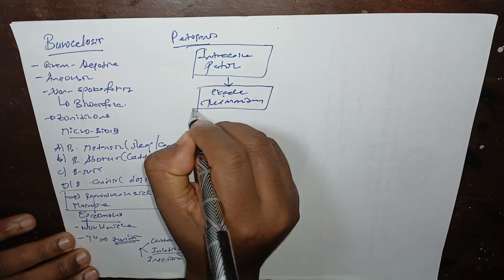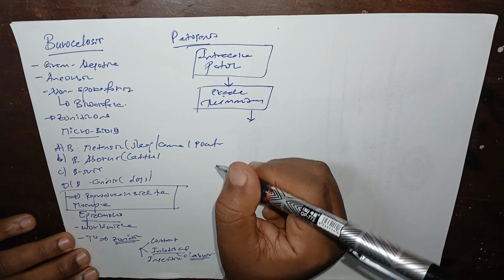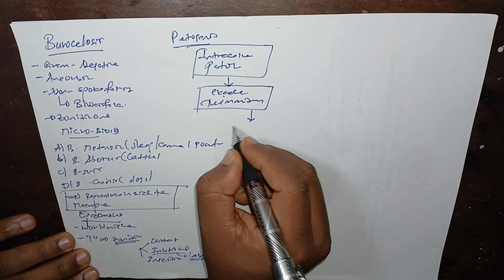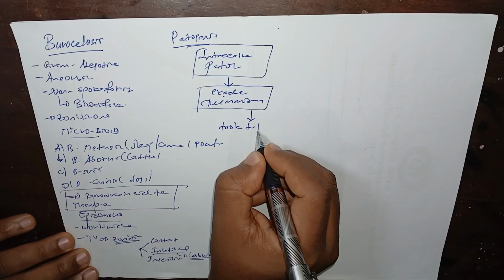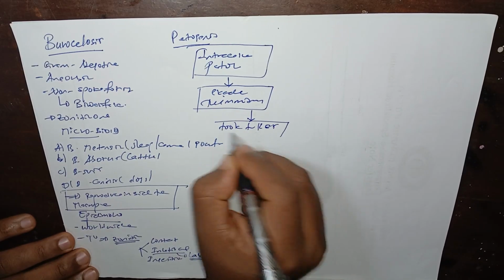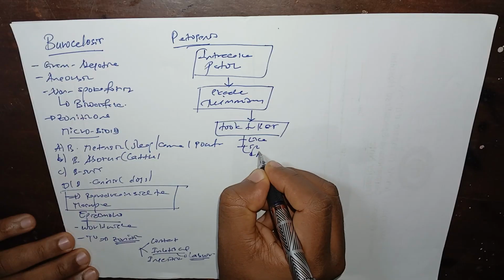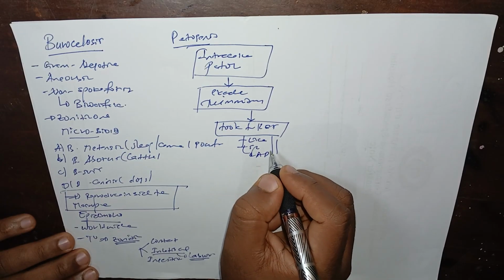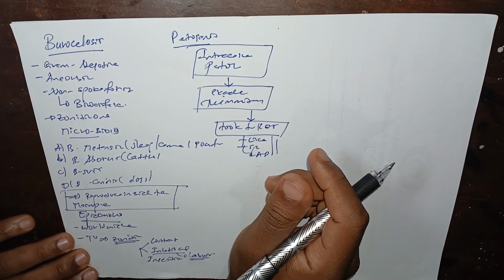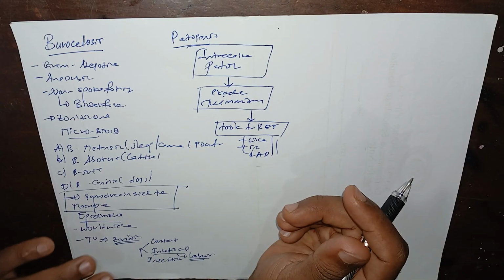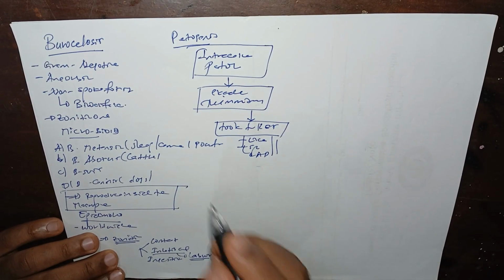And these macrophages take these microorganisms into the reticuloendothelial system. In the reticuloendothelial system, like liver, spleen, and lymph nodes, lymphadenopathy will be present in this patient. That is why in the clinical presentation, this patient could also have organomegaly and splenomegaly.